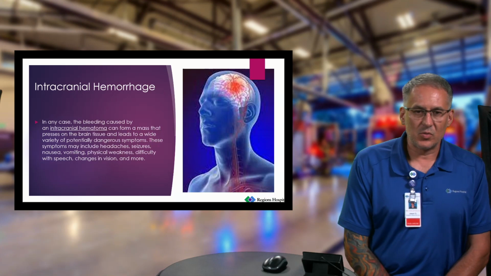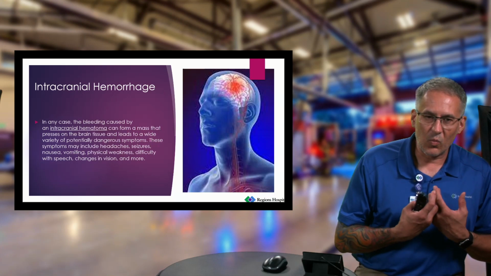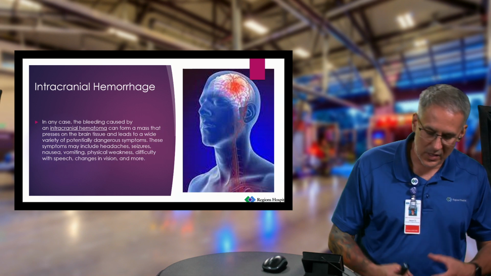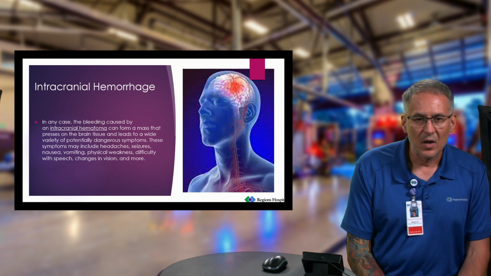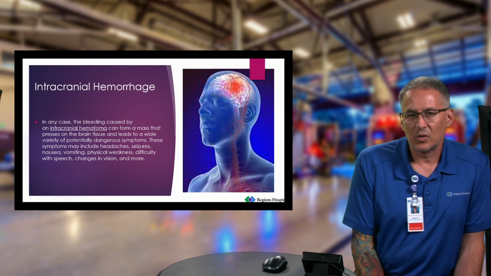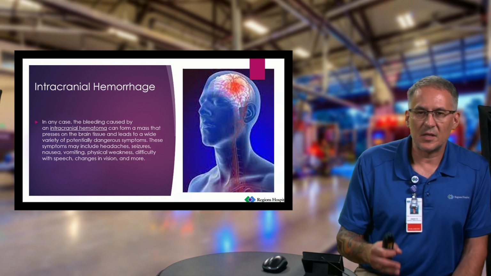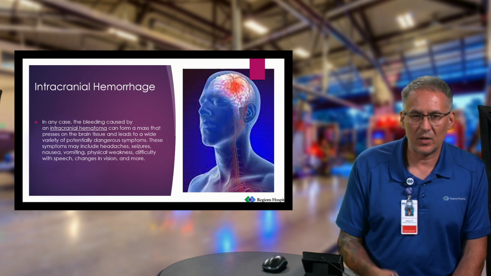One of the big issues is that with that hematoma occurring within the skull, and because it's such a fixed structure, we can get intracranial hemorrhage without a doubt, but the intracranial hemorrhage leads subsequently to increased intracranial pressure.